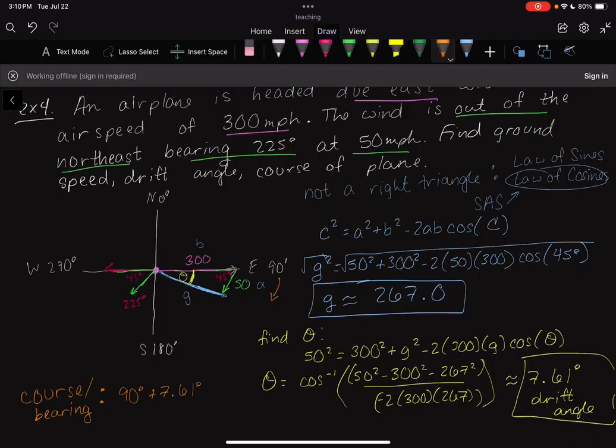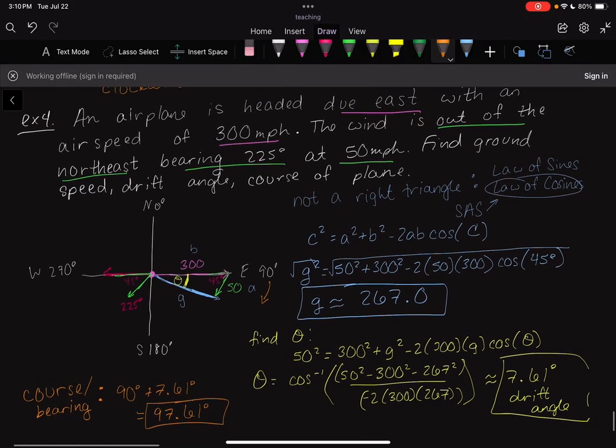Or you can think of it, we're getting closer to 180, so we want to get bigger. So this would be 97.61 degrees is the course or the bearing of the plane. So this one was a little bit more complicated because we had to use law of cosines on it.